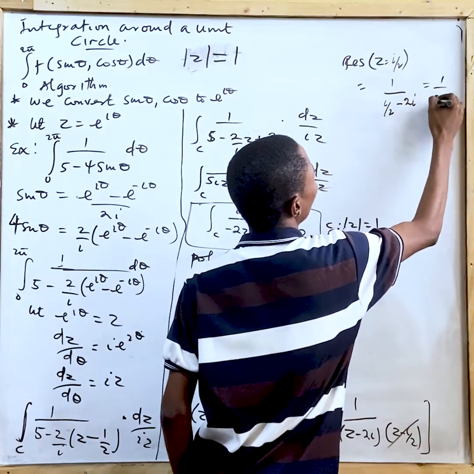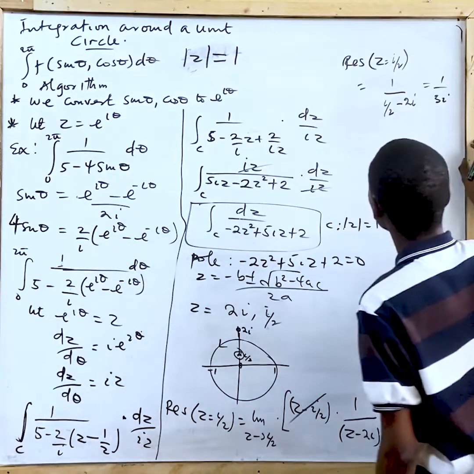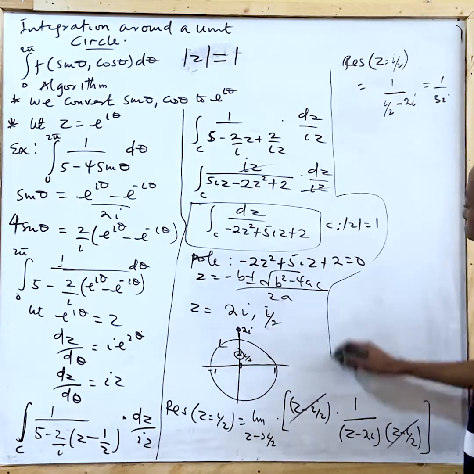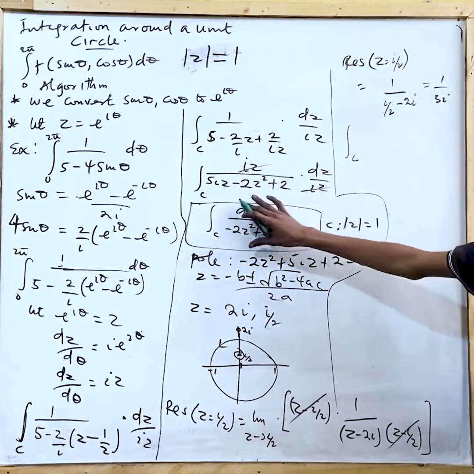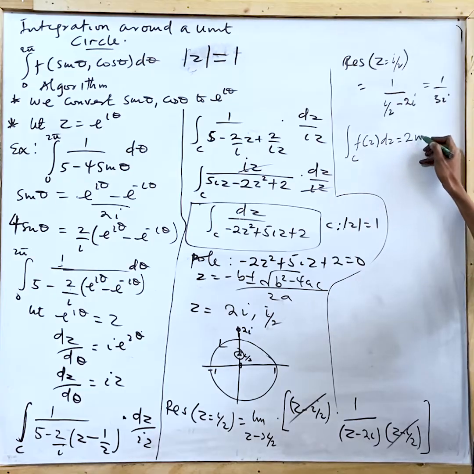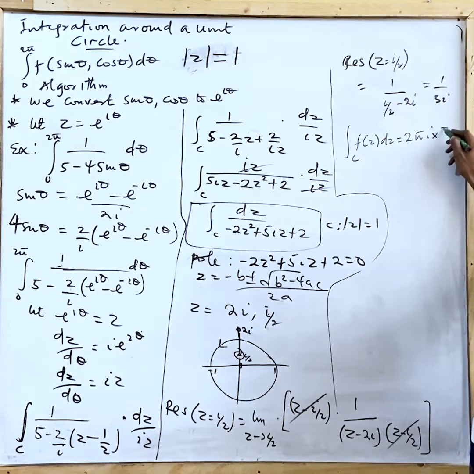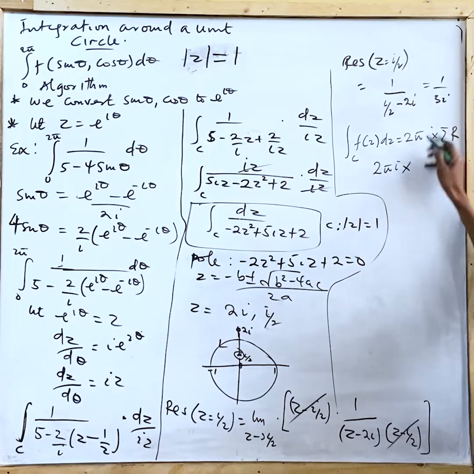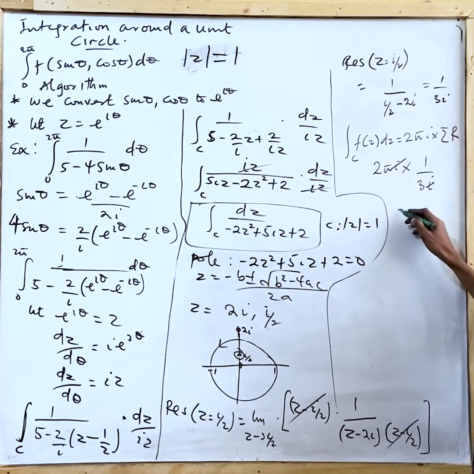According to the residue theorem, after we find the residue, the integral over C of f of z dz is equal to 2 pi i times the sum of the residues. That's 2 pi i times 1 over 3i. So I cancel i, and our answer is 2 over 3 pi.